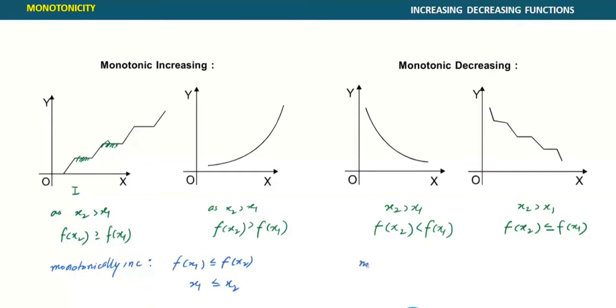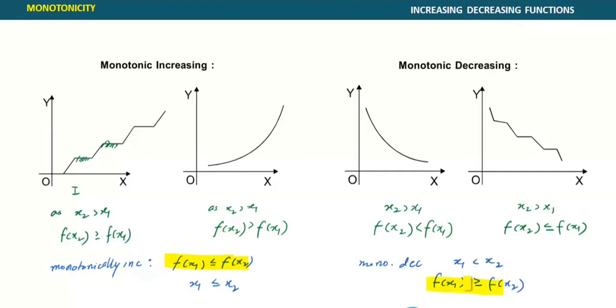And for monotonically decreasing, if x1 is less than x2, then f(x1) will be greater than or equal to f(x2). So these are the conditions that you are going to use for monotonically increasing or monotonically decreasing functions.